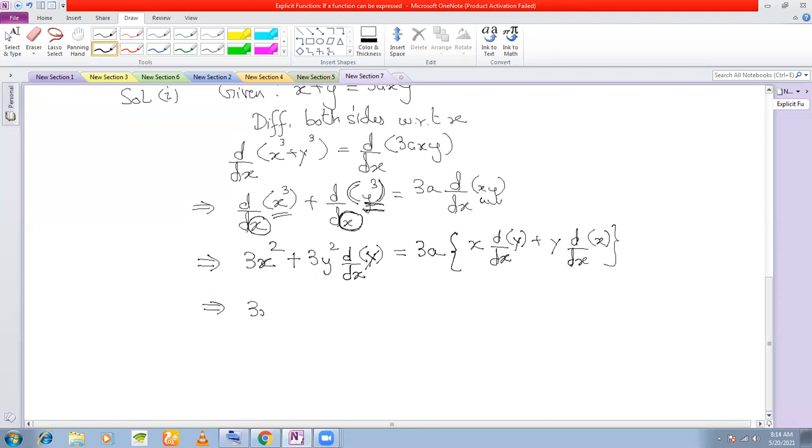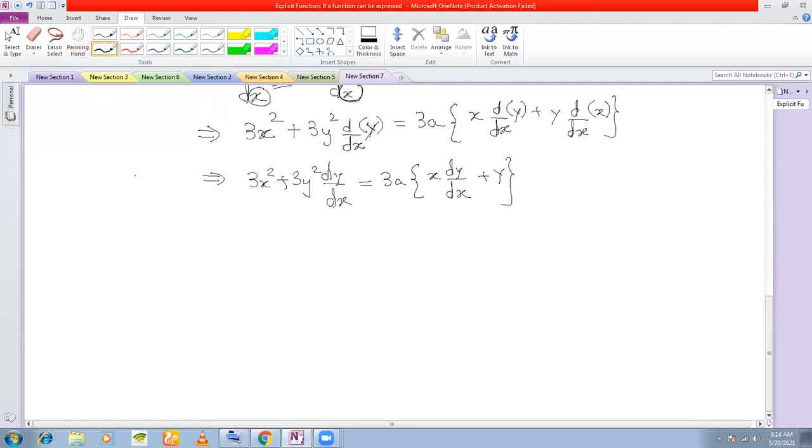So therefore you have 3x square plus 3y square ddx of y is dy dx is equal to 3a x dy dx plus y. Okay. So now we can find out dy dx.